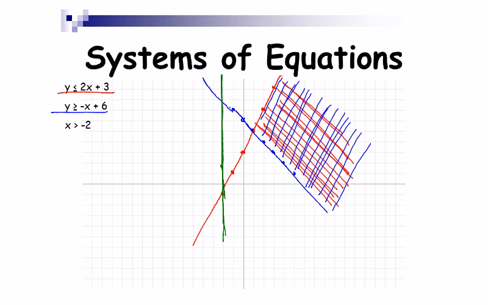Really shading to the right of negative 2 is going to be the right of the green line, right in here. But I don't want to shade here because that's not where the shaded areas are intersecting. I still need to shade to the right of negative 2, but I'm going to only shade right here.